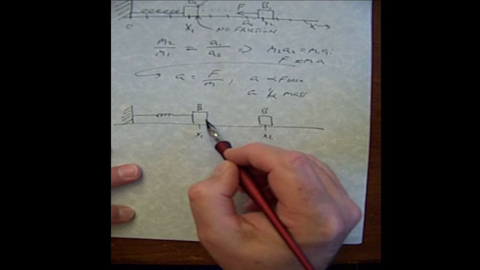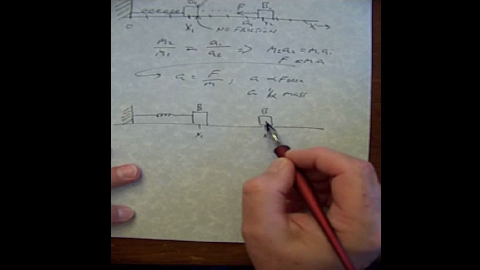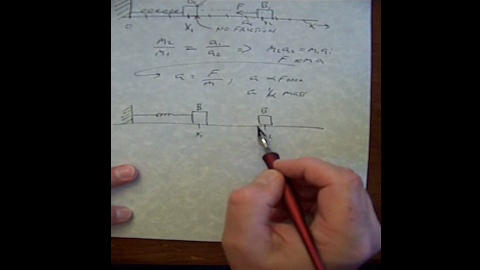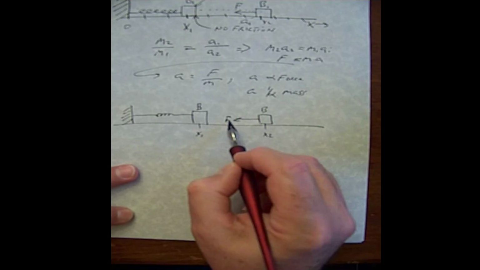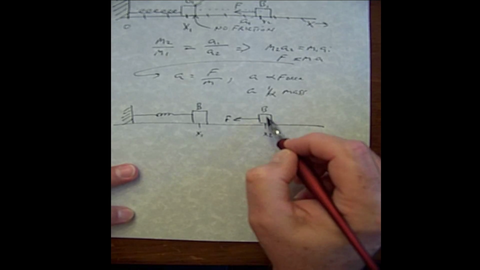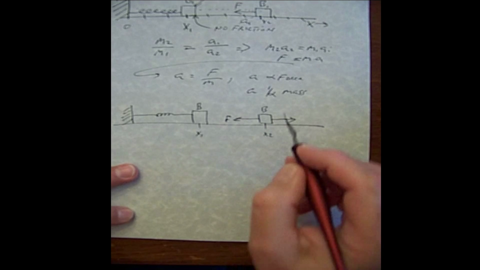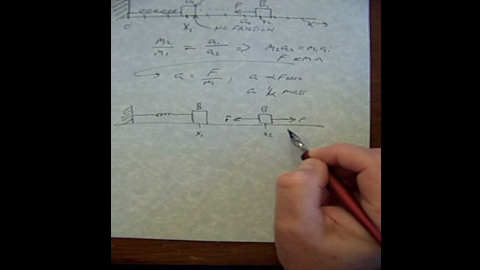I grab it and I pull it over here. Now, when I let go, obviously it's going to fly back. The reason it's going to fly back is because there is a force acting on it. And we decided up here that we were going to call that force F. But if I'm pulling on it, if B is motionless over here, I'm pulling on it with another force, and that force has to be equal to this force.